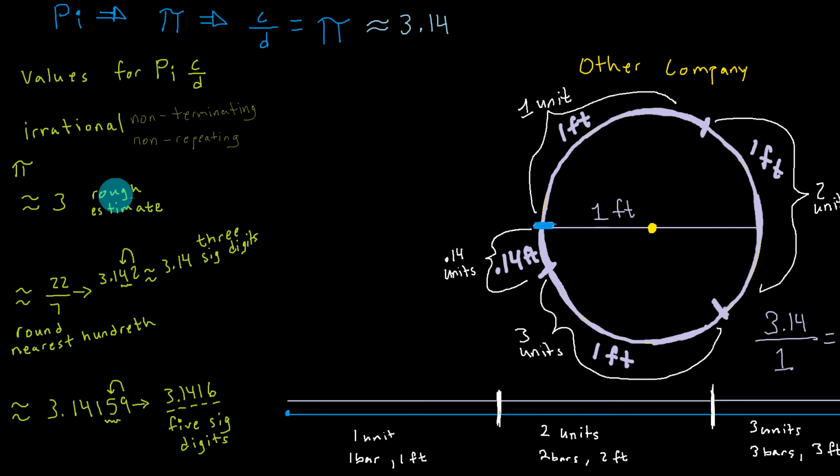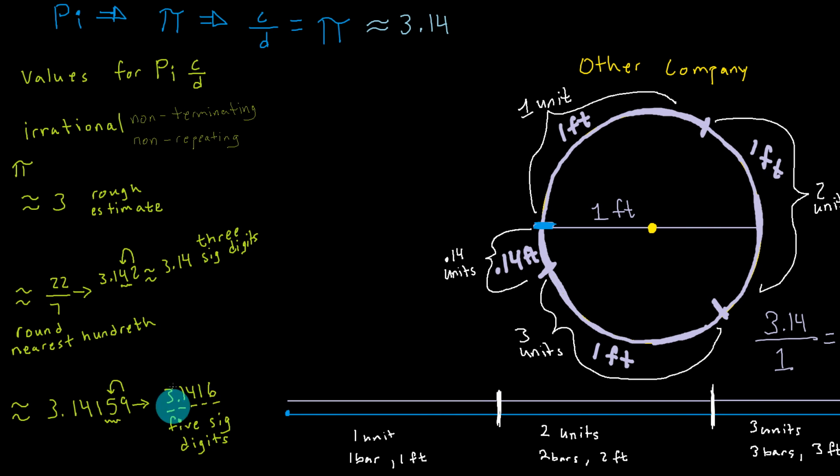Now all 3 of these numbers are estimates of pi. They're approximations. However, 3 is just a rough estimate for pi. Since 3.14 has 3 significant digits and it's a longer number than 3, 3.14 is a more accurate value compared to 3 to represent pi, and 3.1416 has 5 significant digits. This is a longer number than 3.14 and 3.